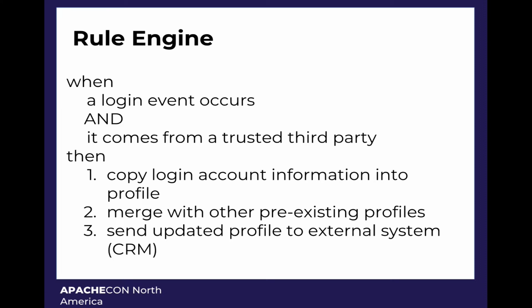Then to merge profiles with pre-existing profiles, because if you have identifiers such as an email, you can look through the profile database and say, okay, are there different profiles that have the same email, which means it's probably the same one. This happens, for example, when you're browsing with a mobile phone, and then you're switching to your computer. And finally, you can send the updated profile to an external system such as a CRM.